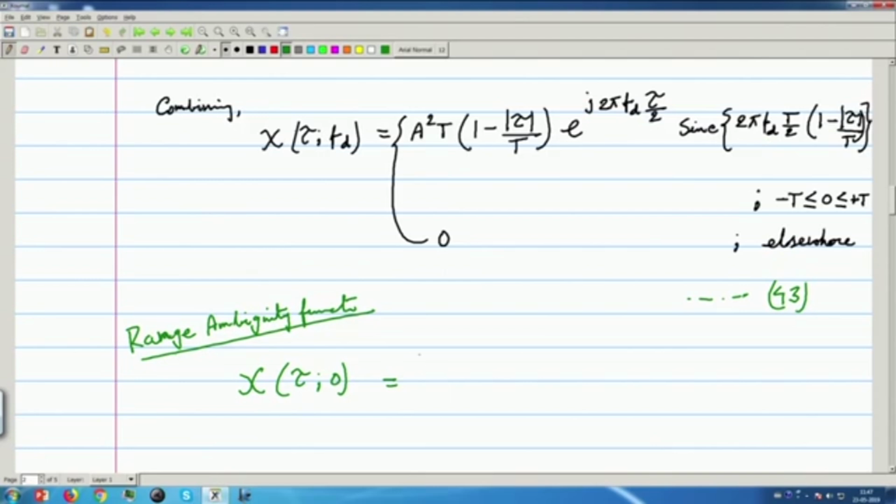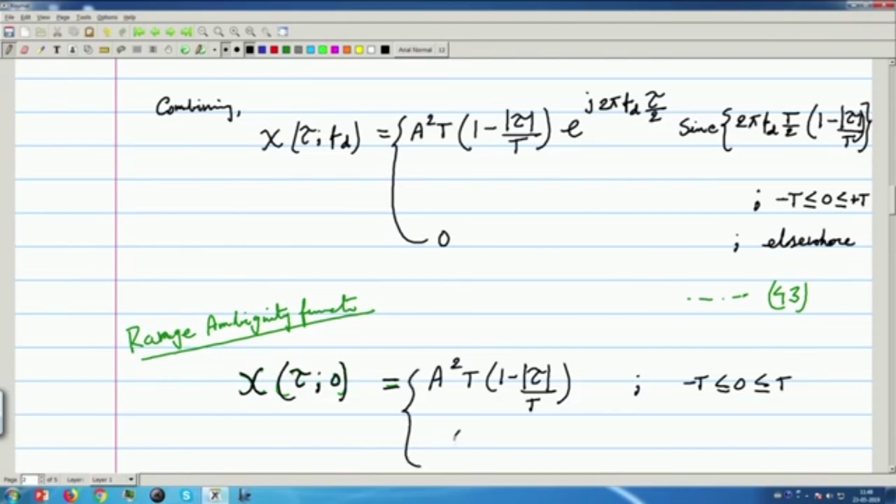So, it is basically nothing but s square t times 1 minus tau by t, for minus t less than or equal to tau less than or equal to t, and 0 elsewhere.